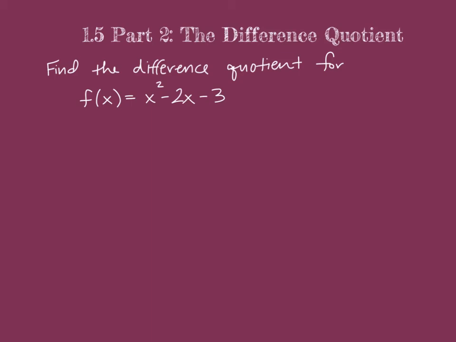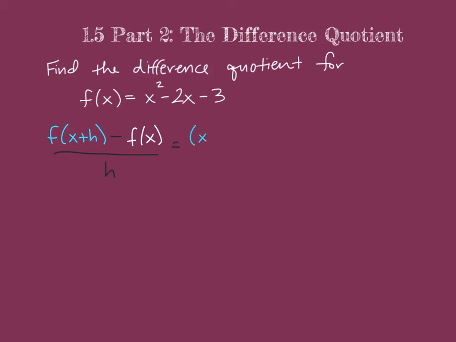So again, we'll write out the difference quotient, and it will be color-coded so we can follow along more easily. So we have f of x plus h minus f of x all over h. Okay, so let's plug in x plus h. I'm going to plug in x plus h here and square it, then minus 2 and plug in x plus h here, then put a minus 3.